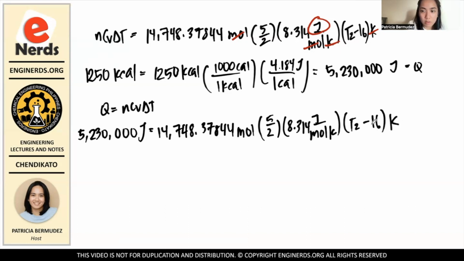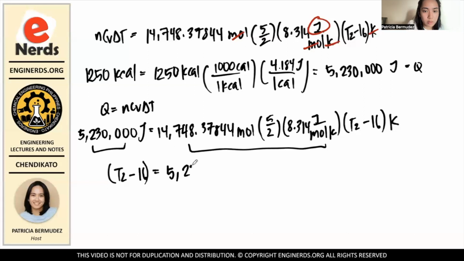And now, in order to isolate this, we divide this by this. So T2 minus 16 is equal to 5,230,000 joules over this whole thing.